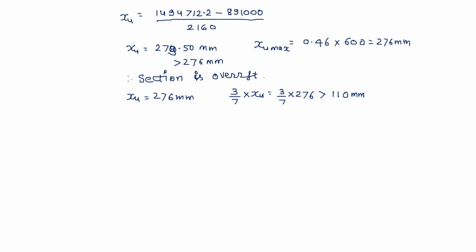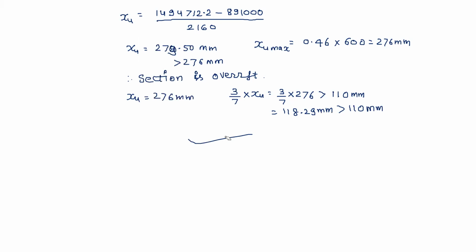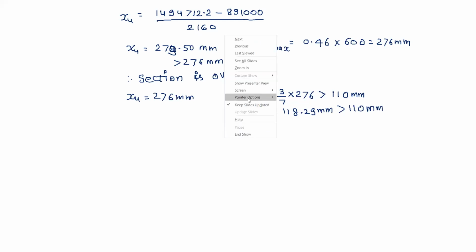Now you can calculate 3/7 of 276. We have this value 118.29, which is greater than 110, and therefore our assumption is correct.